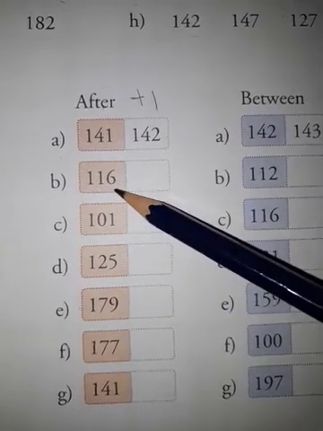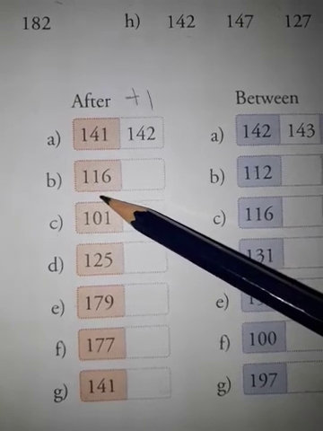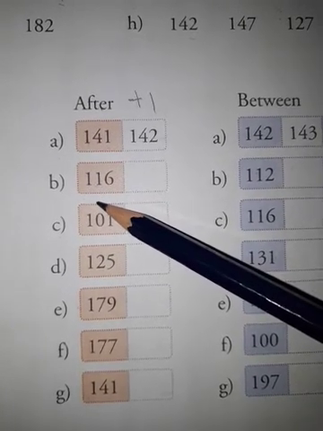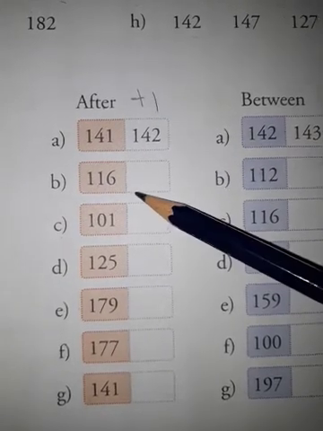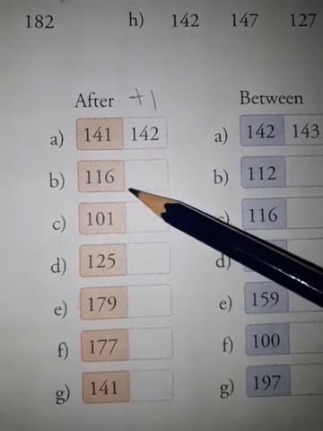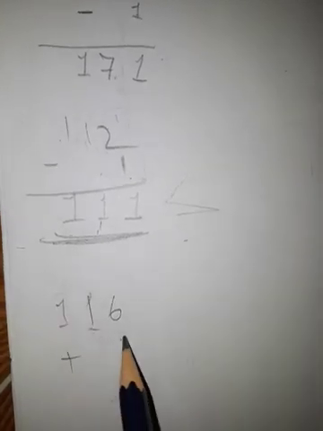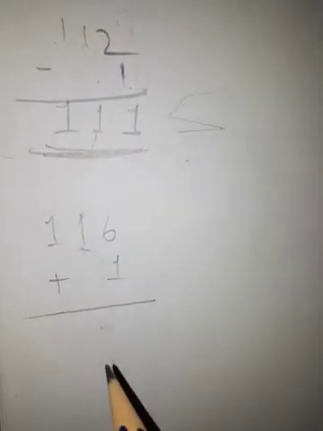B, 116. So what comes after 116? Add 1, 6 plus 1 is 7. So 117. You can see here also 116. So you add plus 1, increase by 1. So what we get is 6 plus 1, 7. And this one is as it is and this one is also as it is.